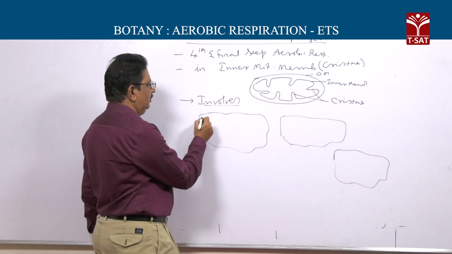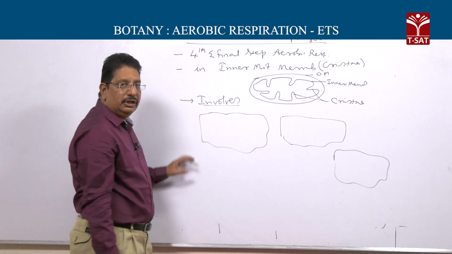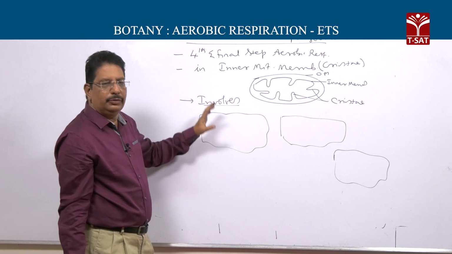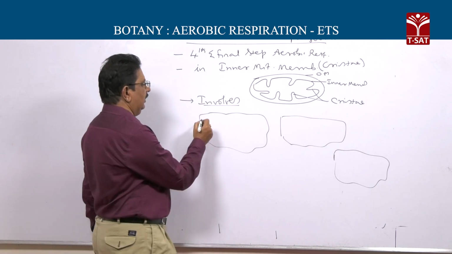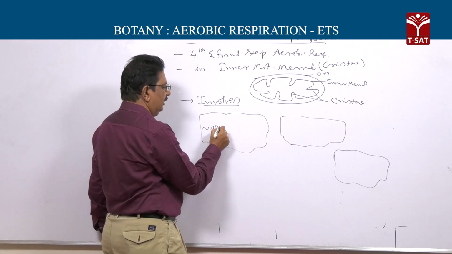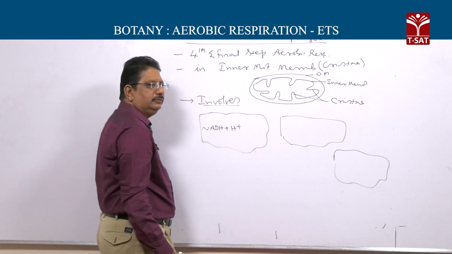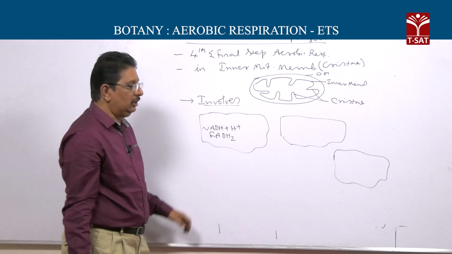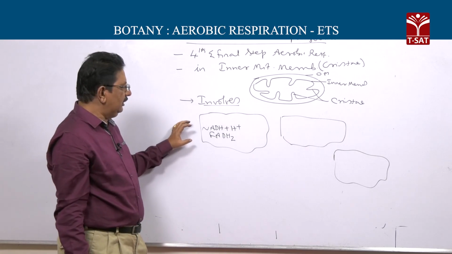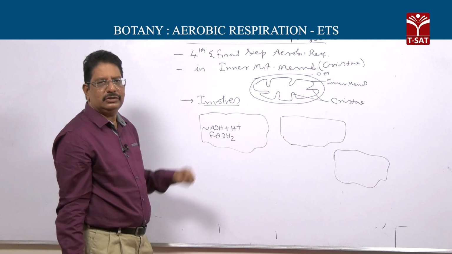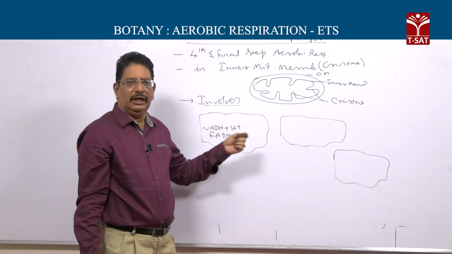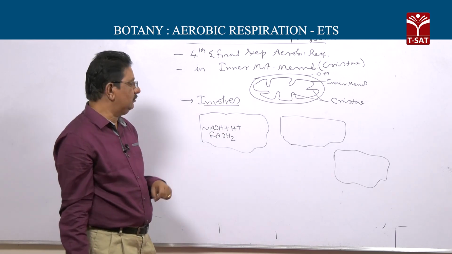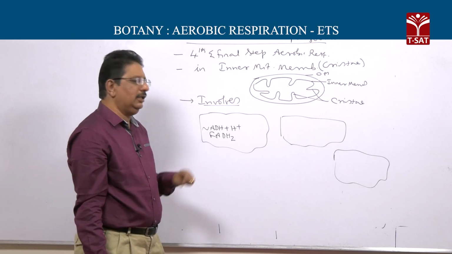During this process, the reduced coenzymes, whatever reduced coenzymes were formed before this reaction, like the NADH plus H pluses and FADH2s. These are called reduced coenzymes, and these are formed during glycolysis, as already seen, at the reaction where 3-phosphoglyceraldehyde is converting into 1,3-bisphosphoglyceraldehyde. There is an NADH.